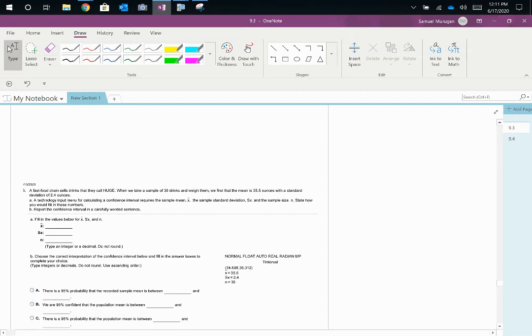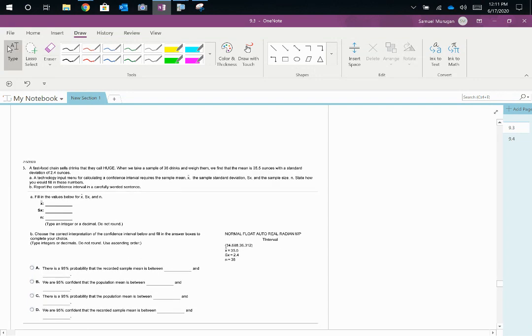Yes, I believe this question is also a similar type problem. Question 5. A fast food chain sells drinks that they call huge. When we take 36 drinks and weigh them, we find that the mean is 35 ounces with a standard deviation of 2.4 ounces. So they gave us a TI-84 printout here.